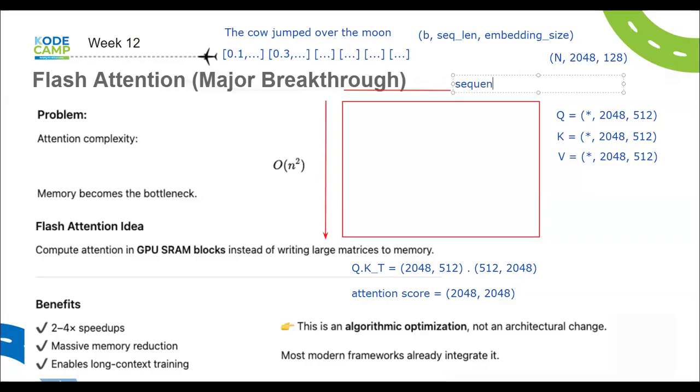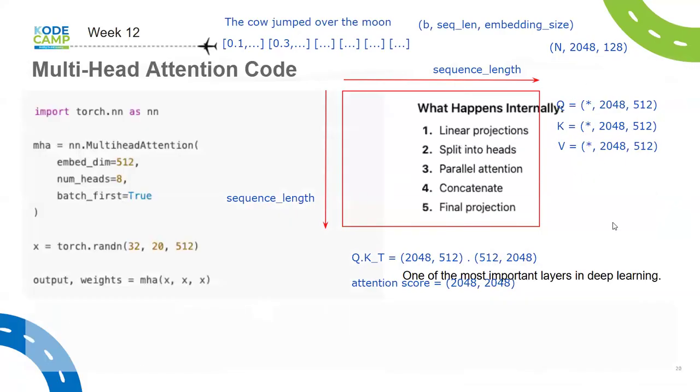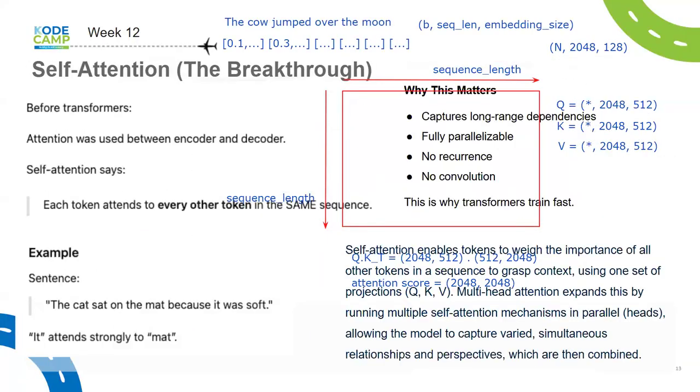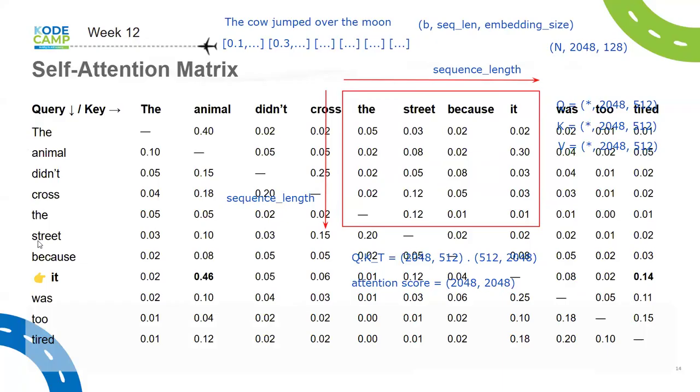This is the sequence length, which will be the width of the attention matrix, and this is the sequence length, which is also the height. It makes sense, doesn't it? Because when I was showing you the attention matrix in the previous screens, where I showed self-attention, this is the sequence and this is the sequence.